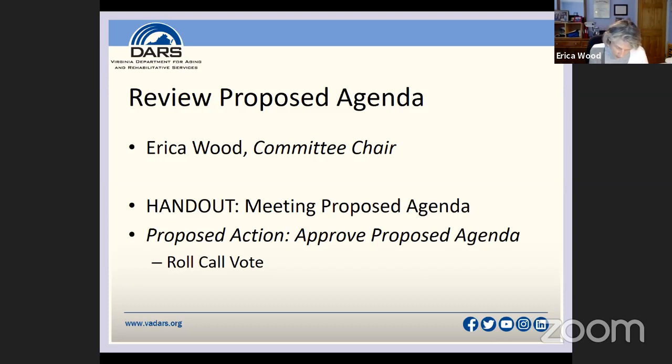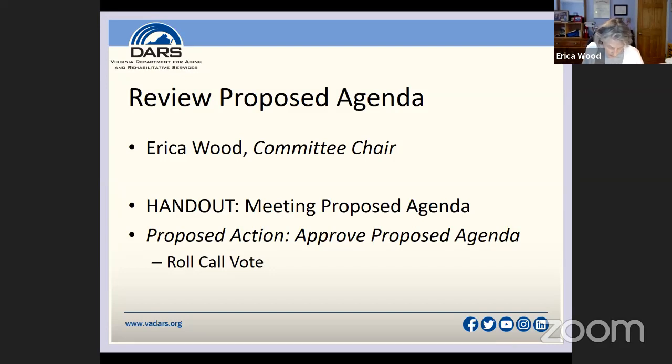We're going to begin by selecting and confirming a legislative committee chair. I've been serving as the chair, but we need to conduct an annual election for that. Then we're going to review and vote on the adoption of the committee minutes of November 13th, 2019.